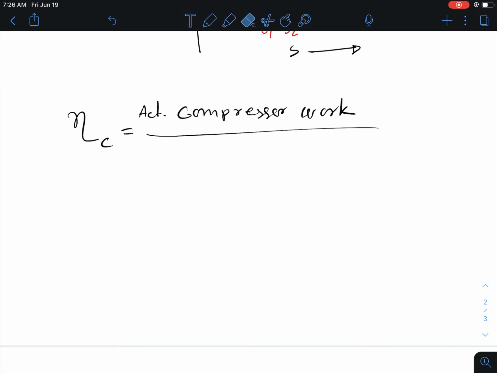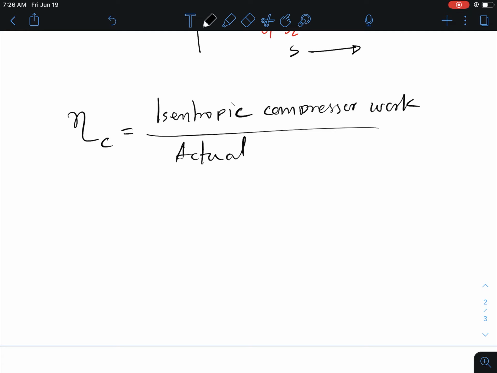Actually for this case, for a compressor it's the inverse, the reverse of the turbine. So it will be isentropic compressor work divided by actual compressor work.